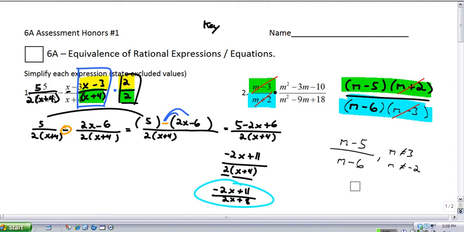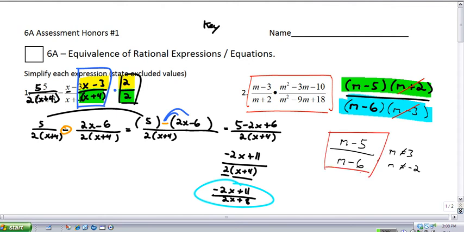Okay. So, and I'll say one more thing about why I stress this. Why you need to write those exclusions. If you put that into the y equals on your calculator, and you put that into the y equals on your calculator, they wouldn't be identical.